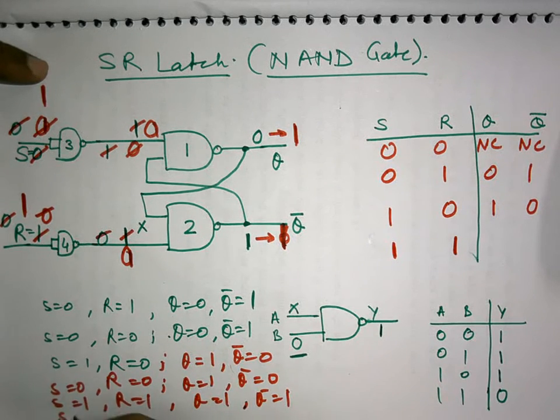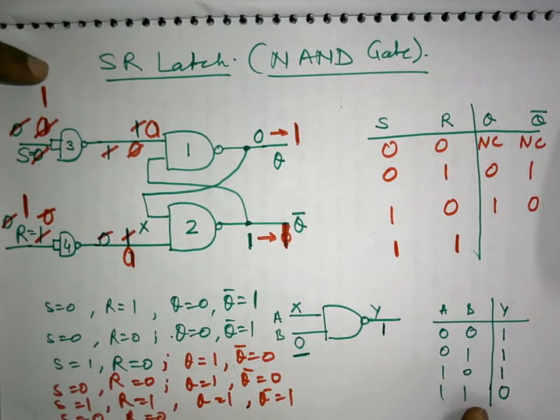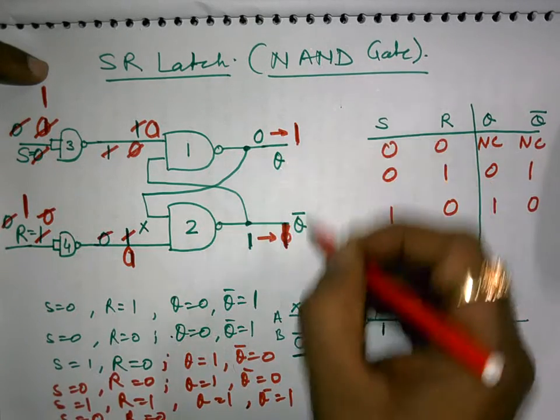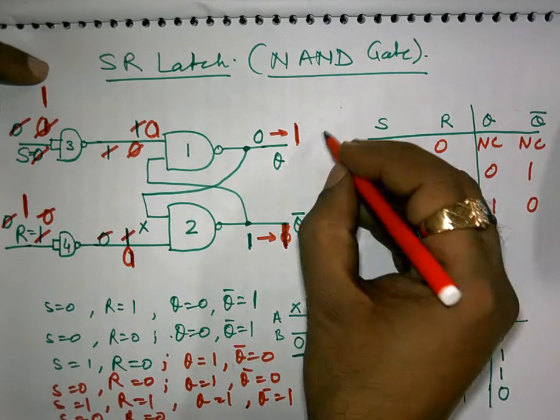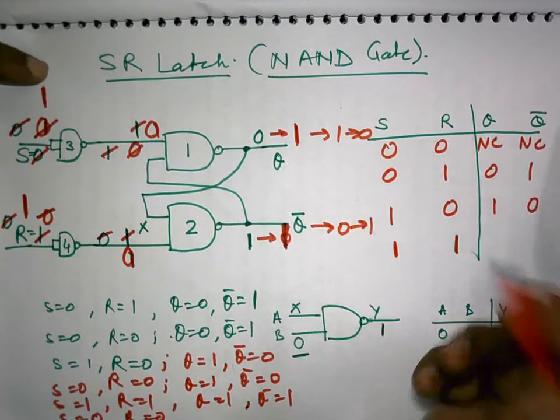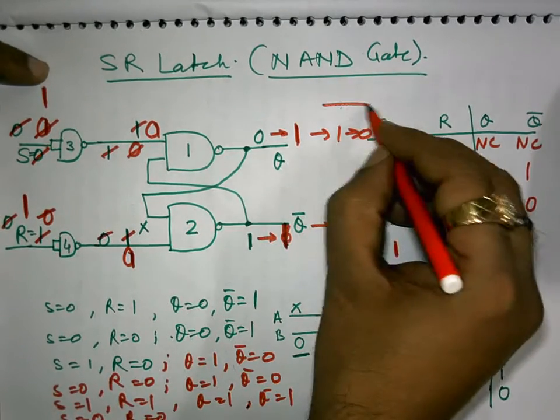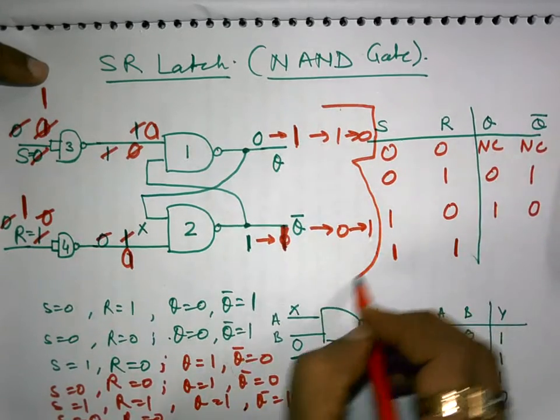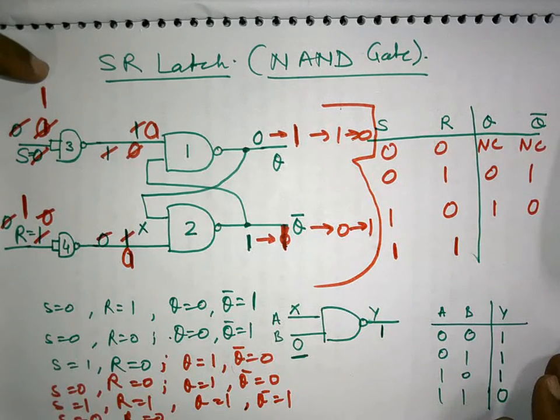But if after this we make S 0 and R 0, what will happen? Either of them will become 1 and the other will become 0. Maybe this becomes 1 and this becomes 0, maybe this becomes 0 and this becomes 1. We cannot say definitely which one will become 0 and which one will become 1. So this is not a valid situation for a latch. A memory should be memory.